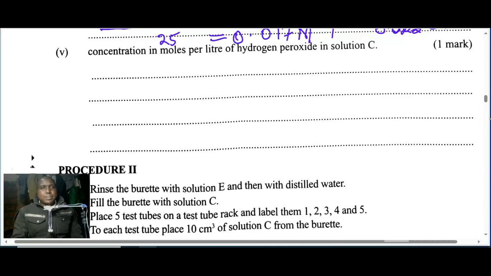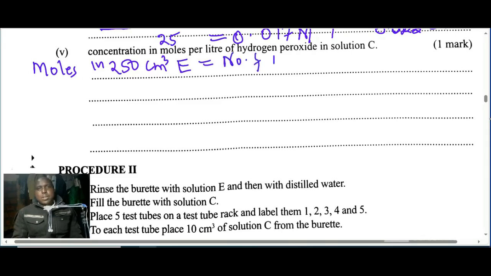Understand that moles in 250 centimeters cube solution E will be equal to the number of moles in 25 centimeters cube from where we got it. Yes. So if that is the case, we know the number of moles in 25, we can know the number of moles in 250.